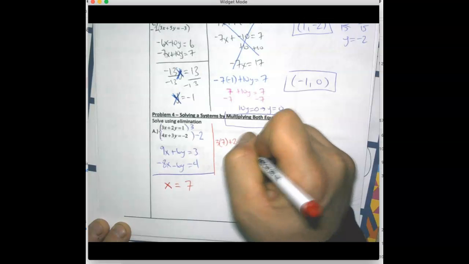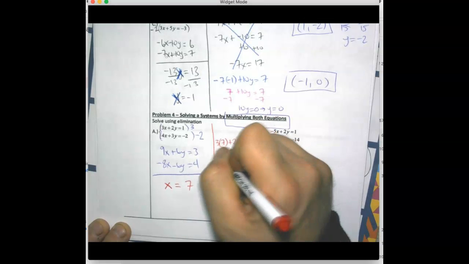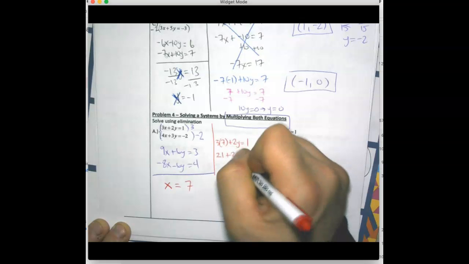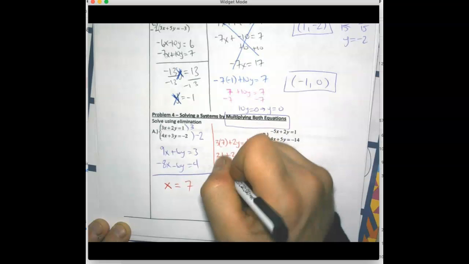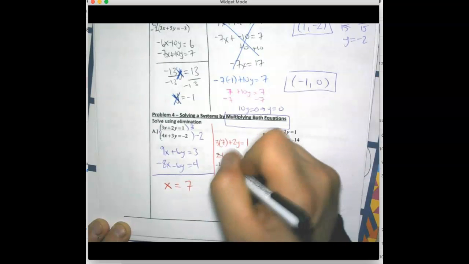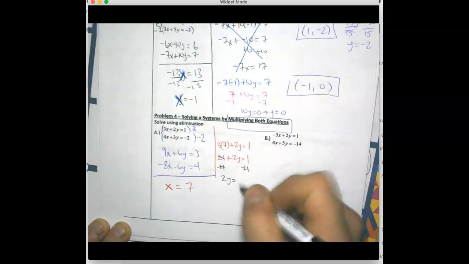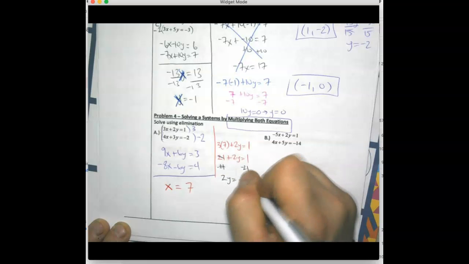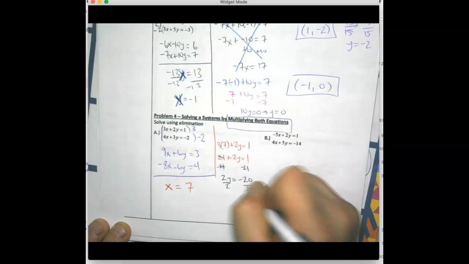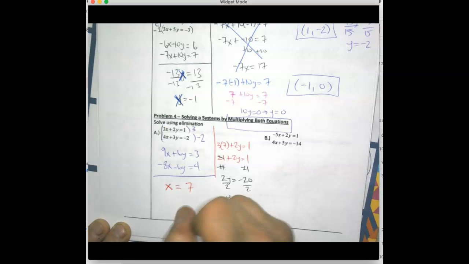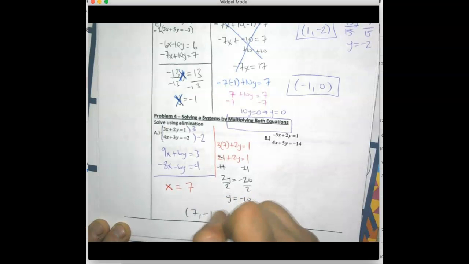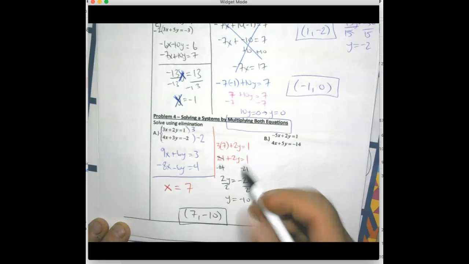So 3 times 7 plus 2y equals 1. 21 plus 2y equals 1. Subtract 21. 2y equals negative 20. Divide by 2. Y equals negative 10. So here my answer is x, comma y.